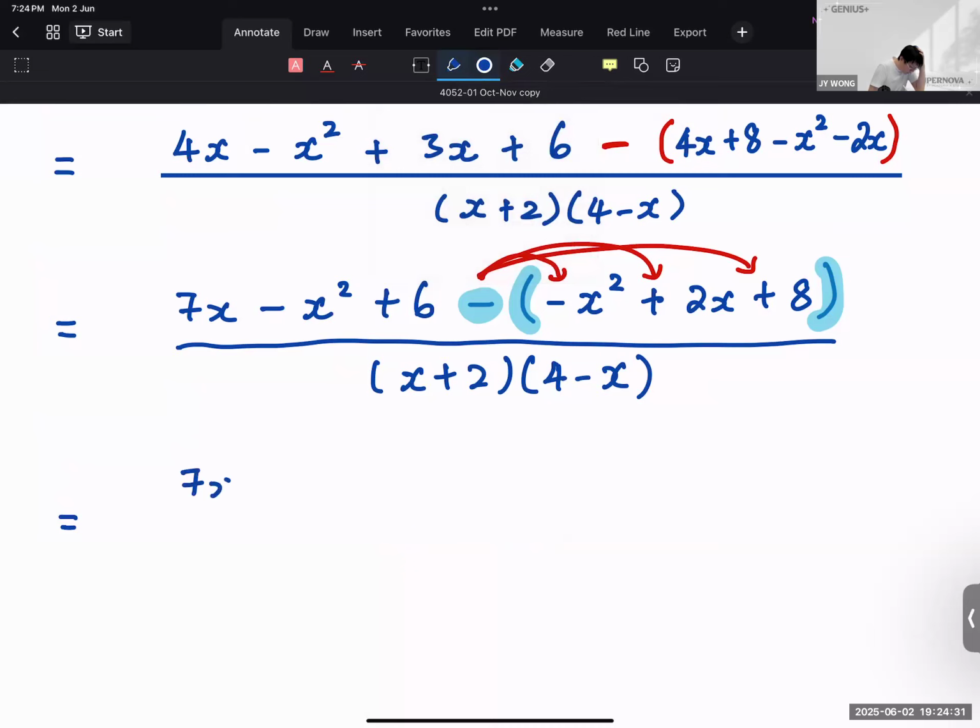Okay, so I have 7x minus x squared plus 6. Now I flip the sign, I get plus x squared because minus minus. I get minus 2x. I also get minus 8.